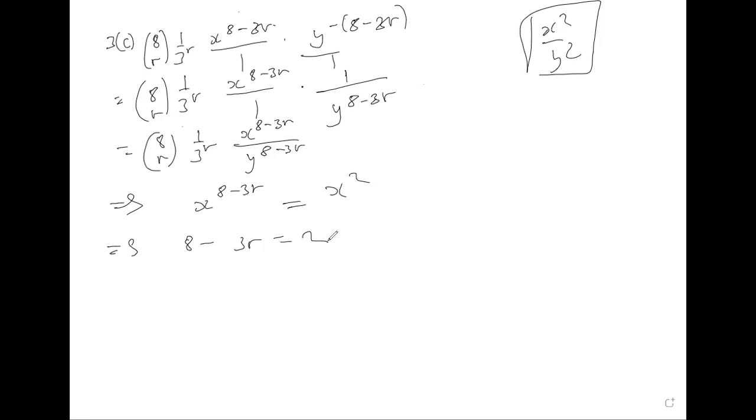So we can now solve for r, and so we have 8 minus 2 equals 3r, so that r is equal to 2. So we have just found the value of r. Now, having found the value of r, we can now substitute. We can name this to be star.